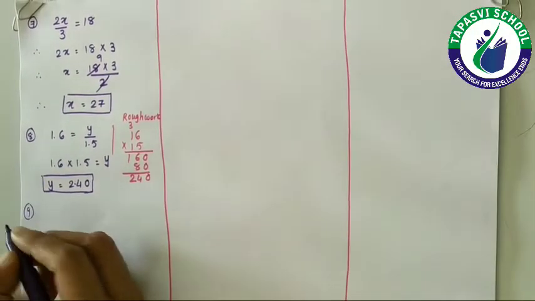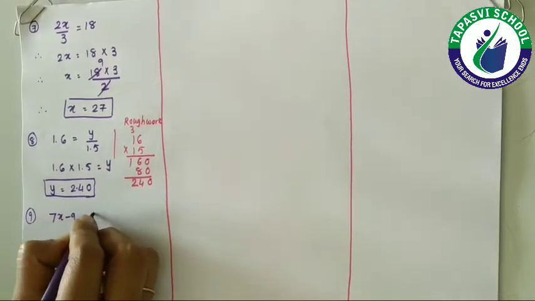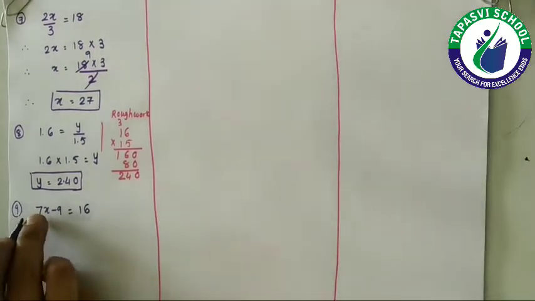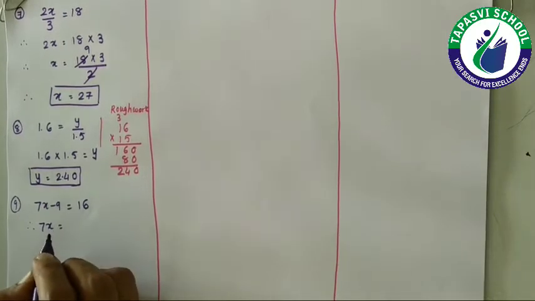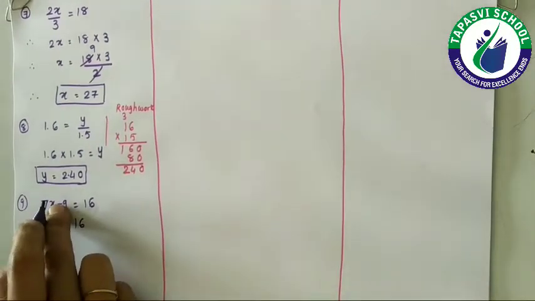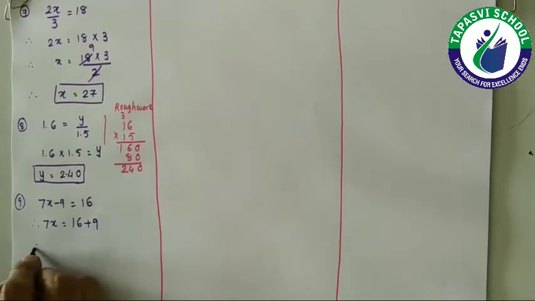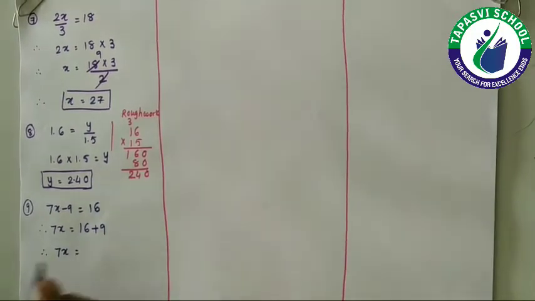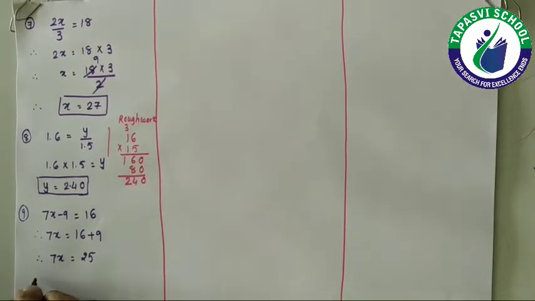Now next one, 7x minus 9 is equals to 16. Now students, my variable term will become the object. 16. Now minus 9 will come this side, it will become plus 9. Now 7x is equals to 16 plus 9, which will become 25.